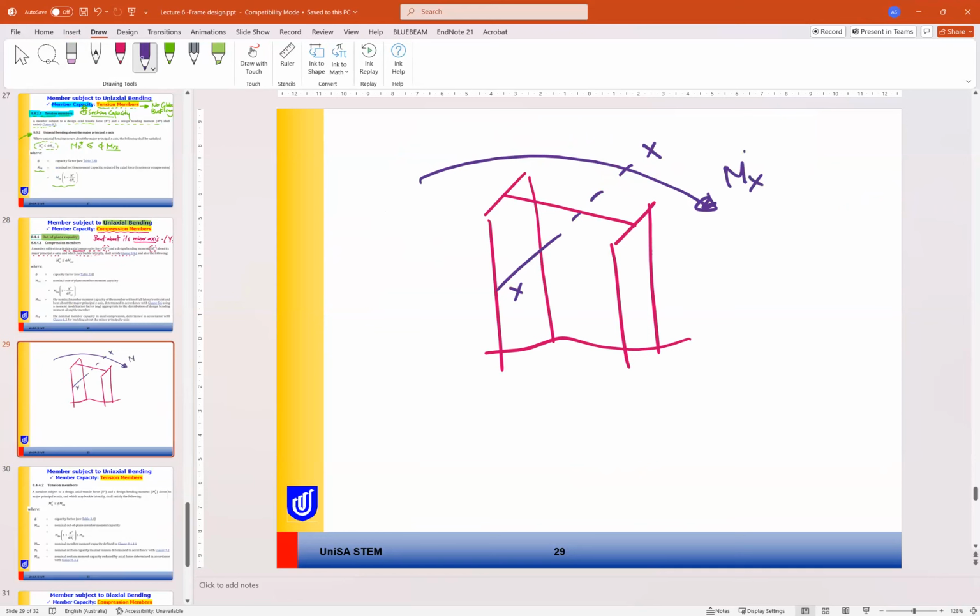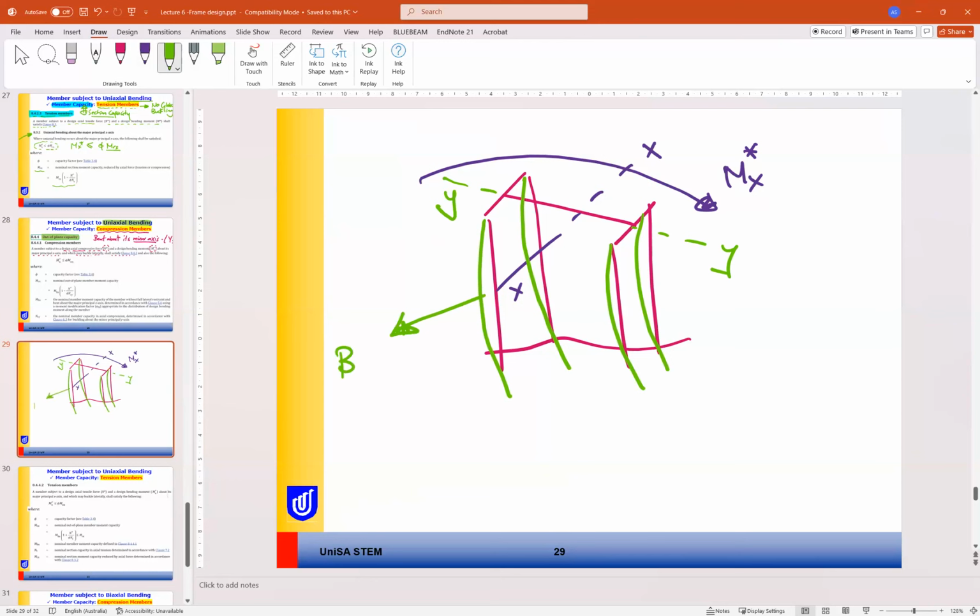But this column will buckle about its y-axis. So the column, due to the load, will be buckling about y. So this is buckling about its minor axis.